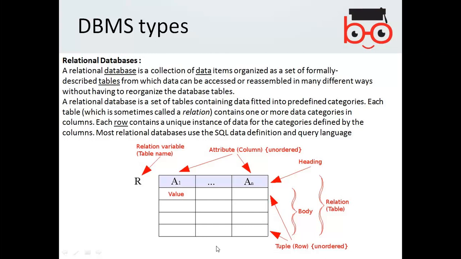So once you have data in the relational database, the arrangement of the data will remain the same, but you can access the data in any form without affecting its structure.